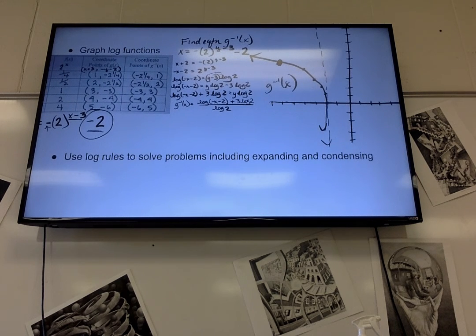And the next one, use log rules to solve problems including expanding and condensing.